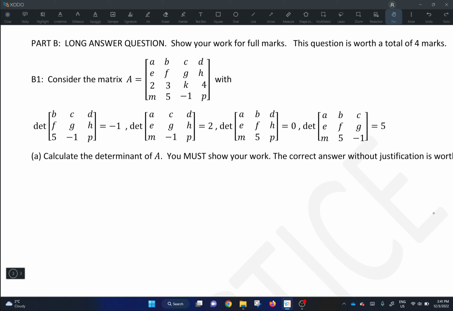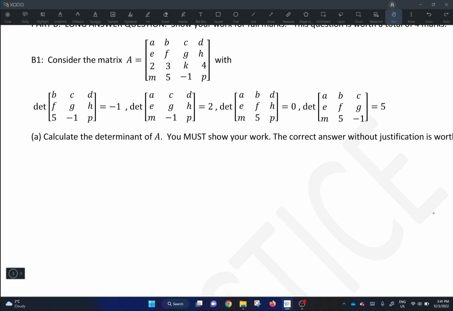If you look carefully where that's from, that's the matrix you get if you eliminate this and this. B C D, F G H, 5 minus 1 P. Now that's a submatrix. It's a submatrix you get when you eliminate row 1, column 1. Actually, not row 1, column 1, but row 3, column 1.